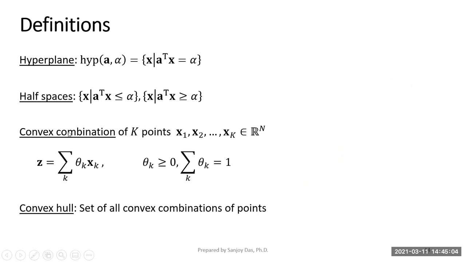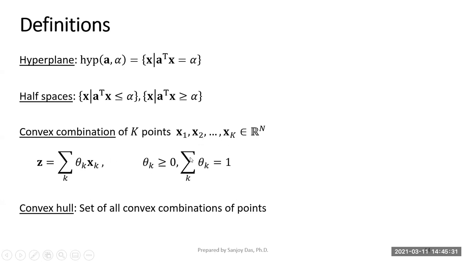Okay? Convex combinations of K points, X1, X2 until Xk in n dimensions. Suppose we have K points in n dimensions. Then their convex combination is any point Z, which can be expressed as a linear combination of the Xk's.